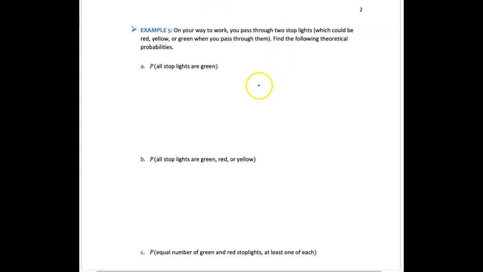So let's have the beginning here. Here's your start. So the first stoplight that you pass through could be red, green, or yellow. So from your start, here is the first stoplight. Could be red, green, or yellow. The second stoplight that you pass through could also be red, green, or yellow.